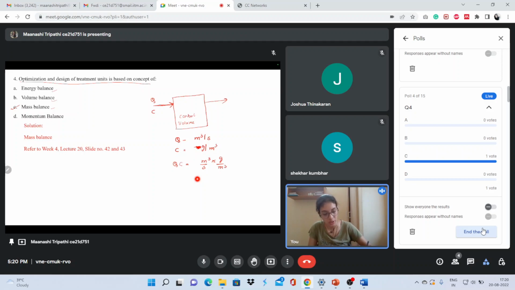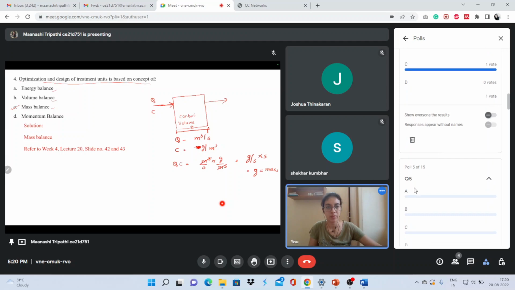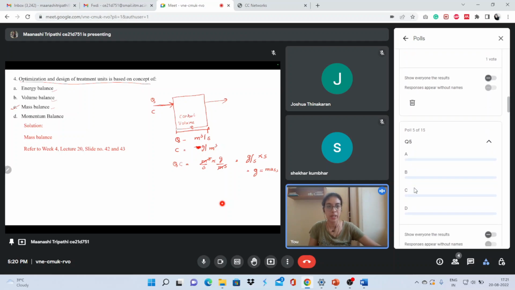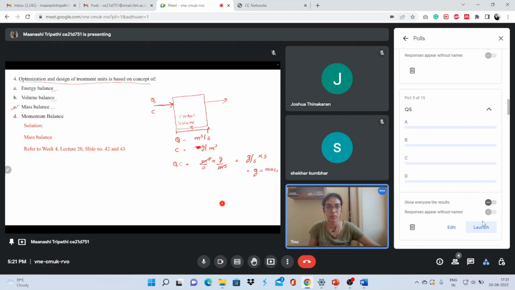So the meter cube will cancel, and we will get gram per second. And we try to measure the time for which the compound will be there in this unit, so we multiply it by time. What will we get? Gram. And gram is the unit of mass. So we try to balance the mass only. Any doubt? You can ask in between or you can put it in the chat box. Anything is fine.